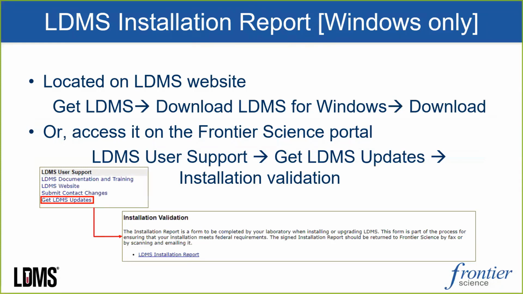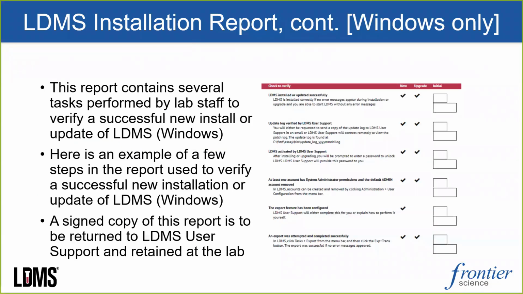Now this is part of that validation plan. This is the IQ. And what the report has, we see it has several tasks and functions listed, and their laboratory is requested to verify after the installation of the software. They then initial and they return a signed copy of this report to our user support department where we maintain it.